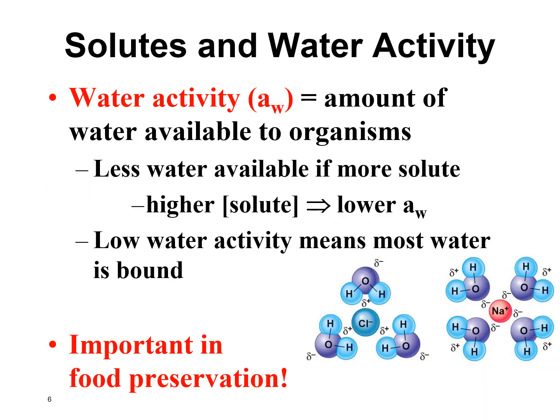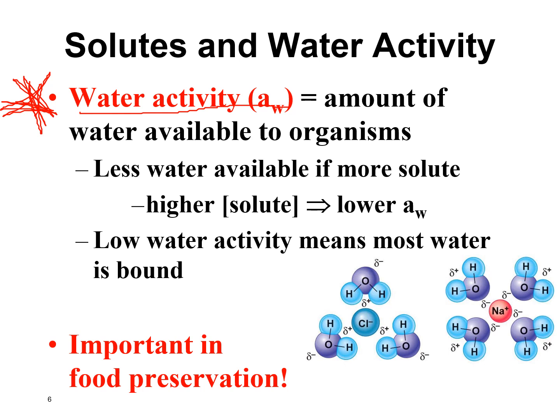Okay, and then we come to this idea of what's called water activity. So this would be a good word to know. And water activity, all it is, it's just a measure of how much water is available for organisms to be able to use. And this depends on the number of solutes that are around.